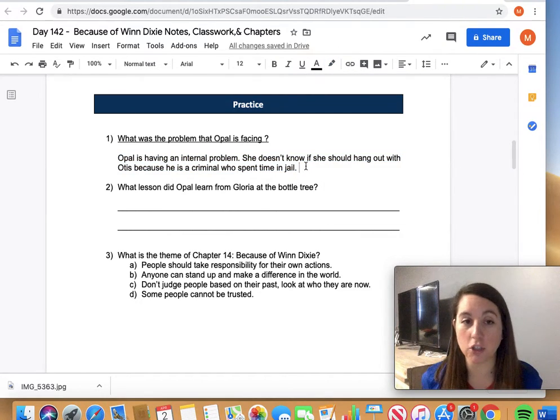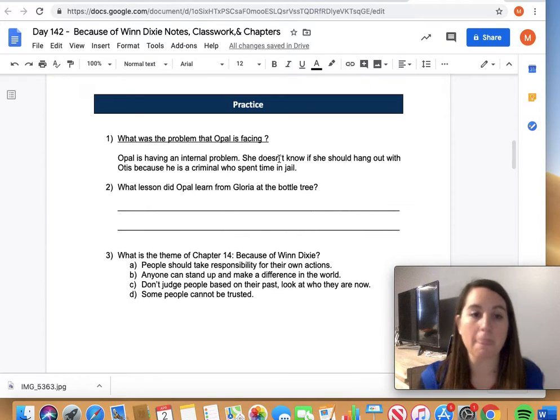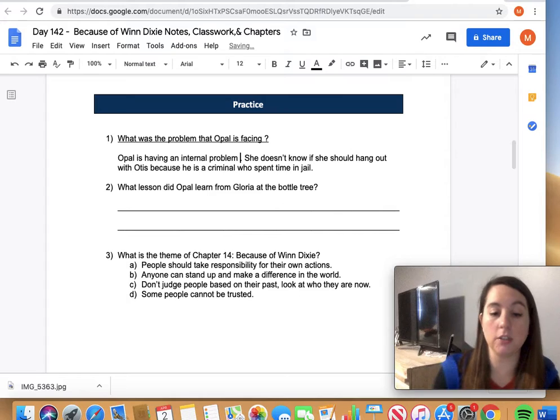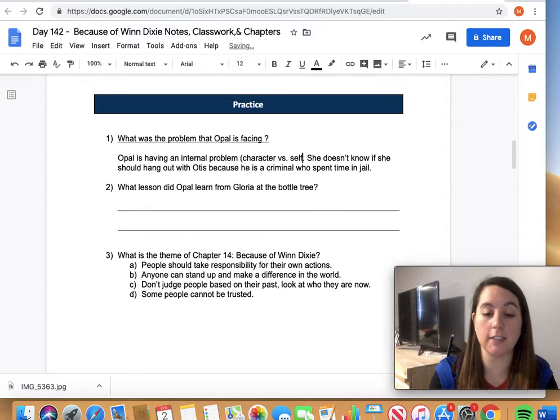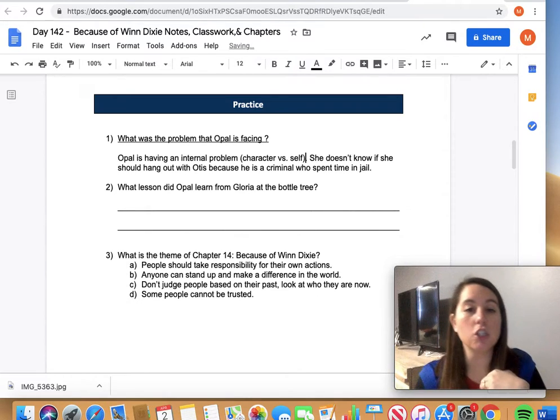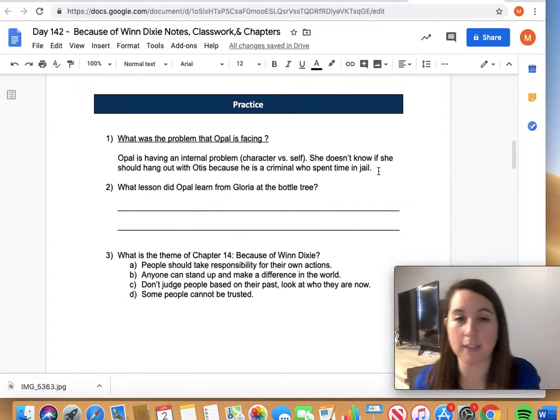Opal is having an internal problem. Problem, self, character versus self. I'm going to put that in parentheses next to it so that you know. And we've talked about this already this year. Character versus self, a problem with herself. She doesn't know if she should hang out with Otis because he's a criminal who spent time in jail.